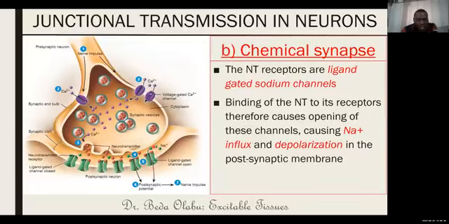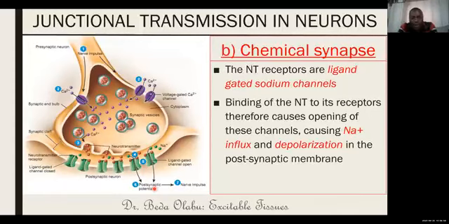If you have sodium influx, what will be the outcome of that? These ligand-gated sodium channels operate the same way as voltage-gated sodium channels, except that their triggers are different.